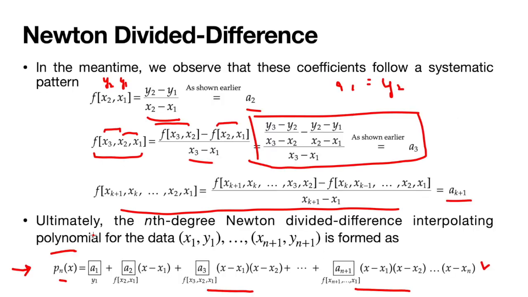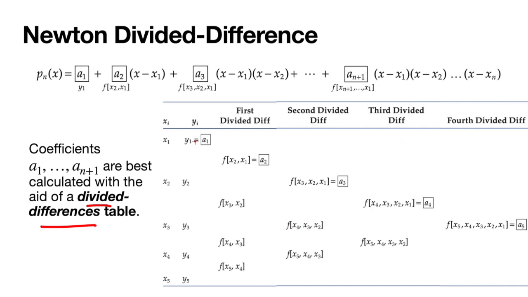We have observed that there is a pattern between the formulas for a1, a2, a3, a4, and so on, so we can calculate them using this table. These are the data points: x1, y1, x2, y2, and x3, y3, and so on. Our first a1 is just y1, as we calculated. Our next a2 is the difference of these two: y2 minus y1 divided by x2 minus x1.